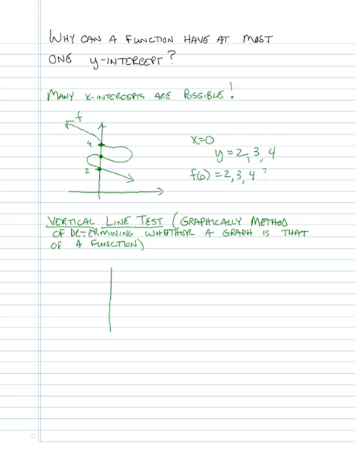If we have a graph, let's make it a simple graph here. We have a graph that does something like this, okay. Now, the vertical line test says, imagine drawing a vertical line anywhere on the coordinate plane. Well, this vertical line doesn't cross the graph at all, does it?